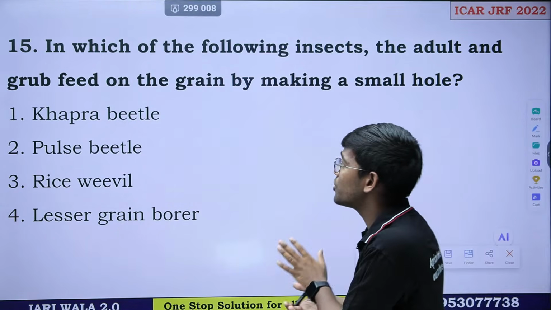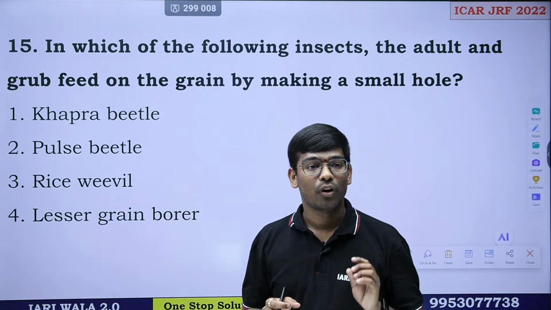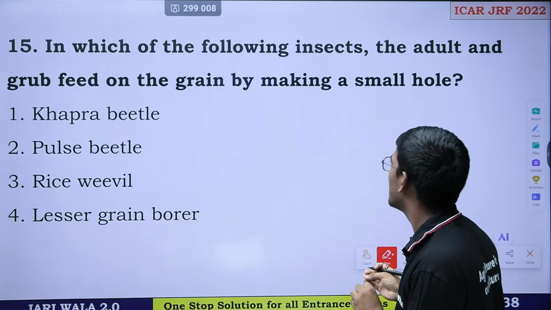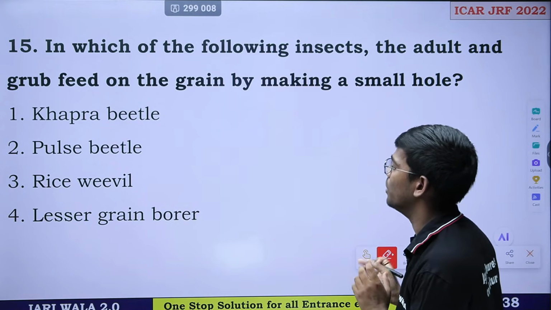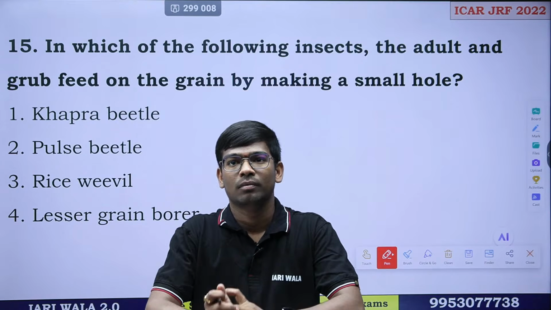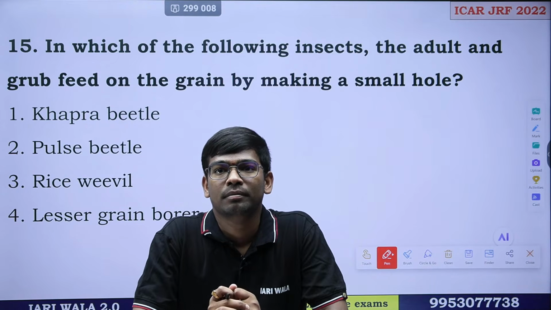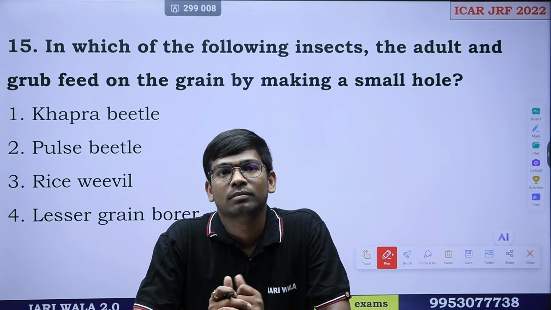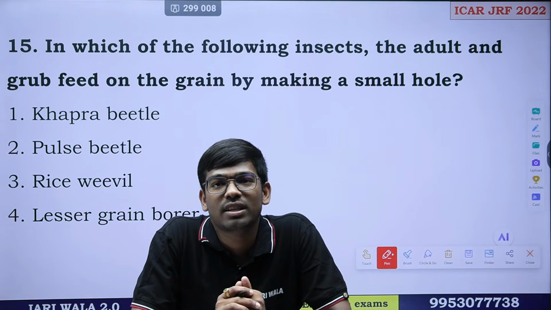And the 15th question is, in which of the following insects the adult and grub feed on the grain by making a small hole. Anyone knows this answer?